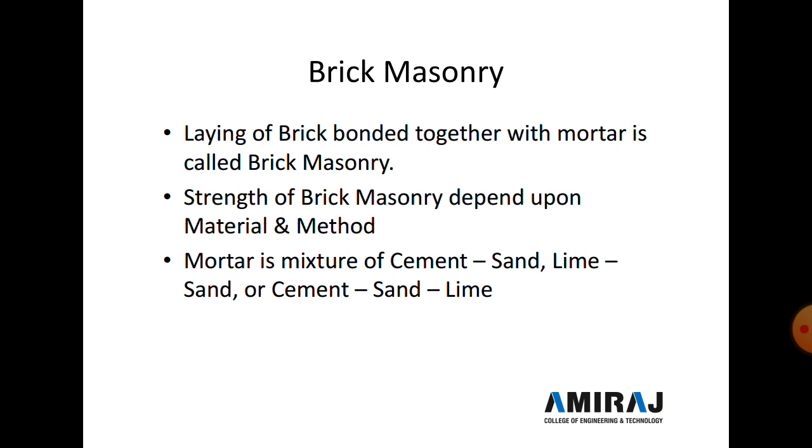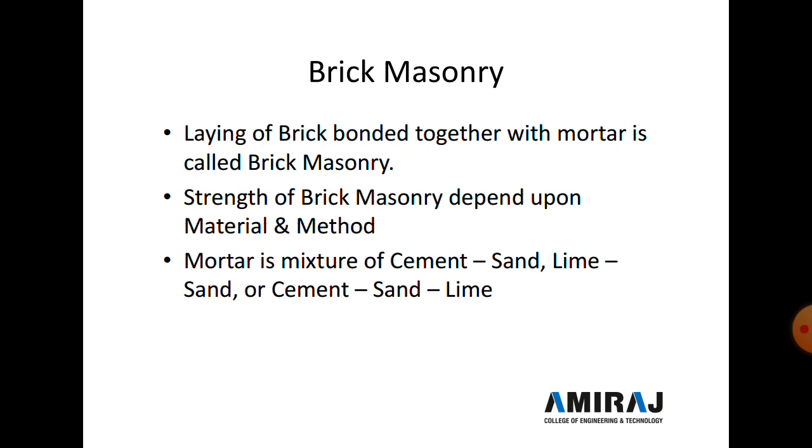Now the strength of the brick masonry depends upon the bonding material and bonding method. So here, in material, brick masonry mortar is used. There are mainly two types of material used.